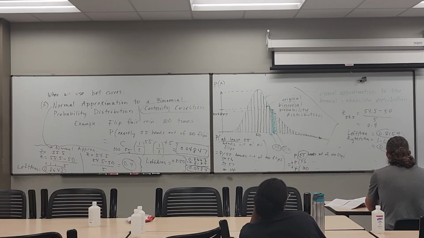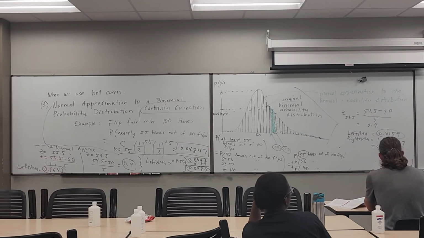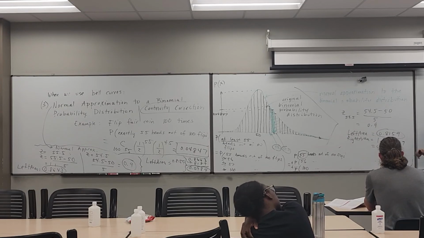So that's the continuity correction for just 50 heads, this region between 49.5 and 50.5. And then if you find the total area to the right of that, you're gonna get what answer? Approximately. You're gonna get a little over 50%.